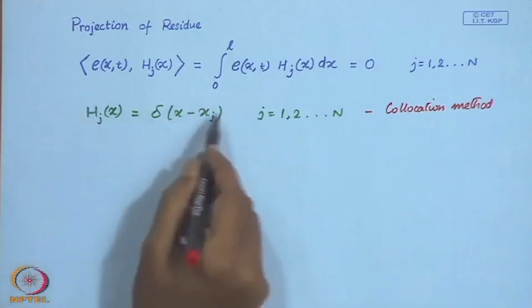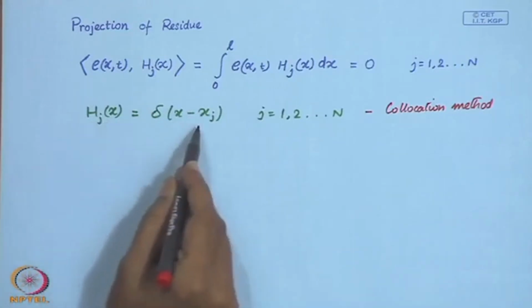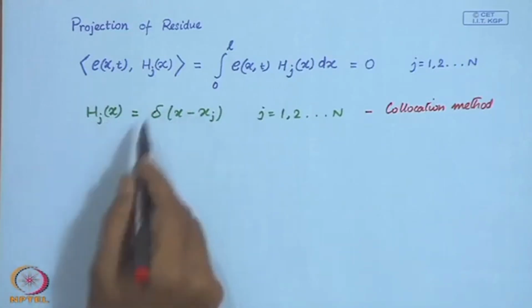Now, what does it mean to choose H j as Dirac delta functions?